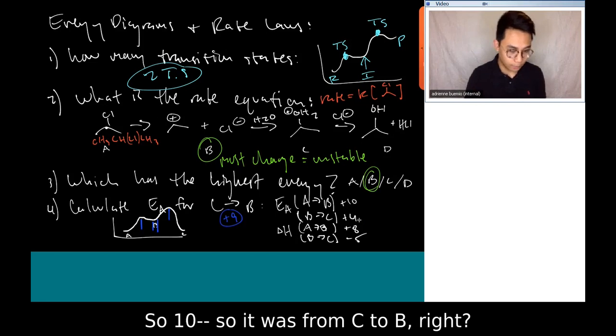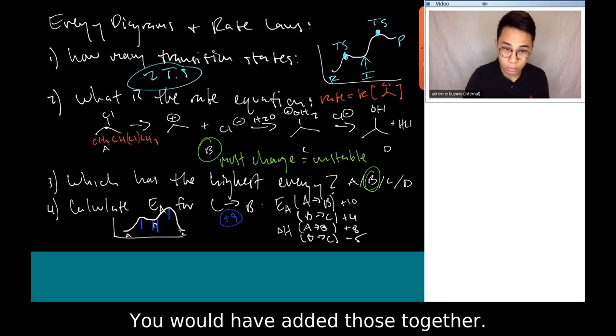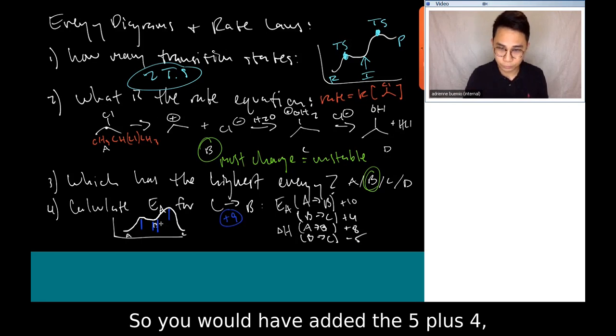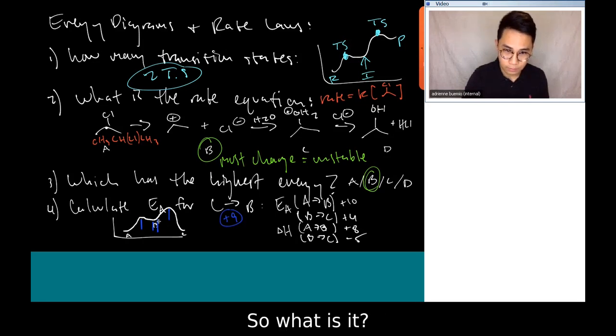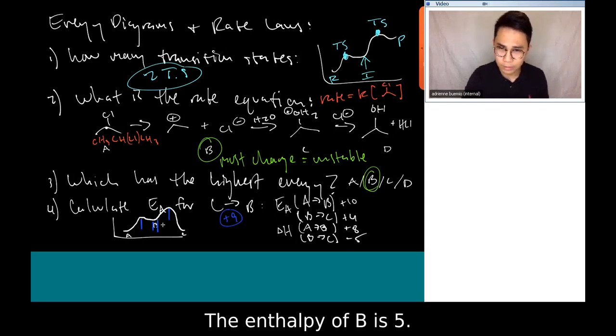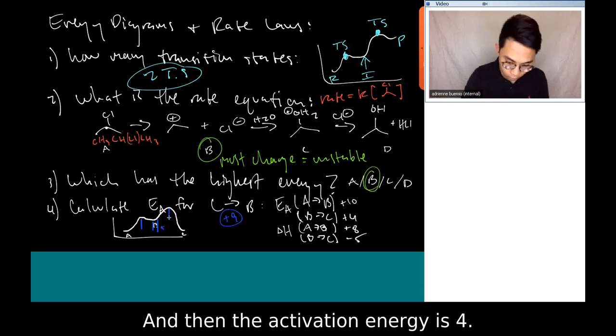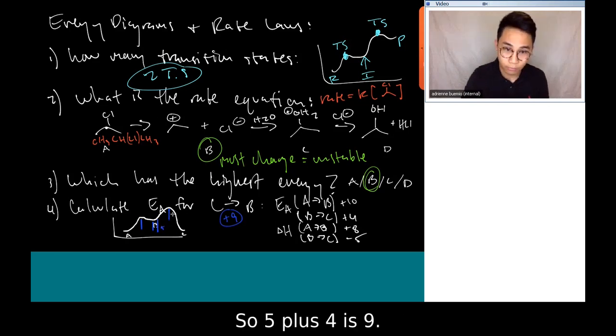So if it was from C to B, you would have added those together. You would have added the 5 plus 4, because the enthalpy BC is 5, and then the activation energy is 4. So 5 plus 4 is 9.